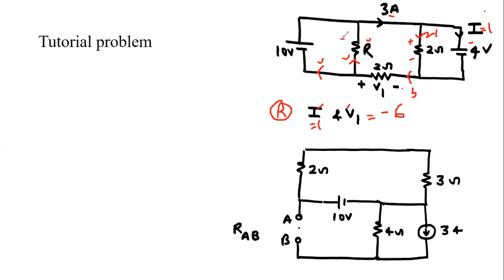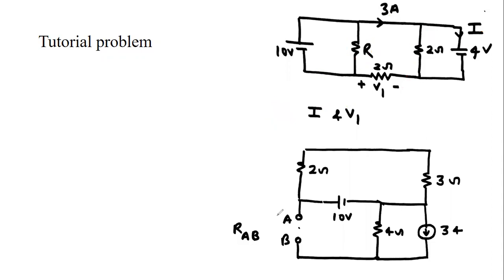We know the voltage across this resistance R is 10 volt, but we do not have information about the current, nor the value of resistance R. Without knowing the value of this current, we cannot calculate the value of resistance. So in this circuit, we cannot calculate the value of R.